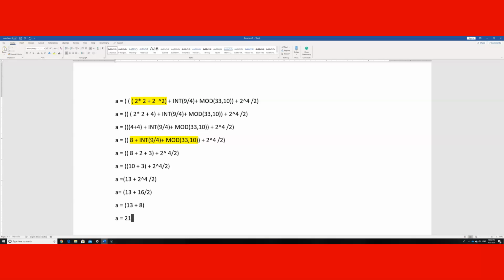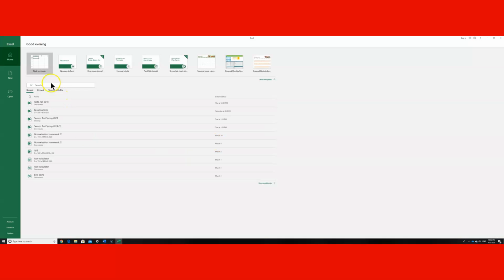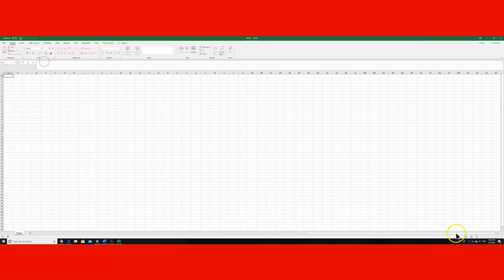In order for me to make sure this is really correct, I'm going to copy this one here, Control C, and open Excel and make sure that every step I've done is accurate.